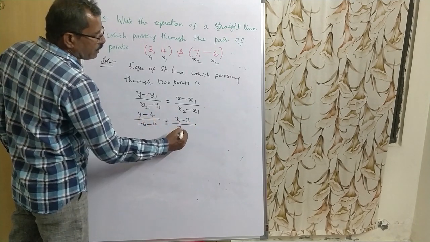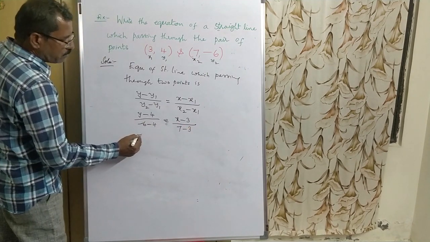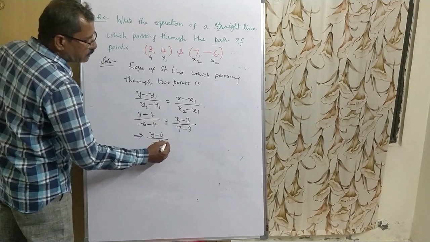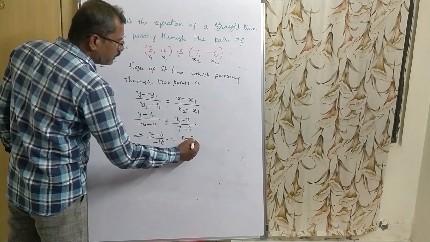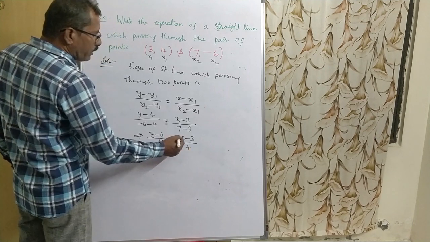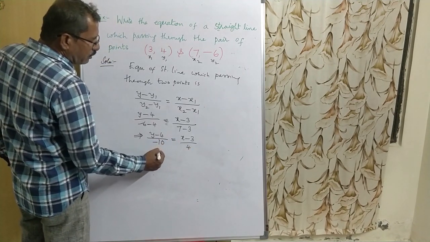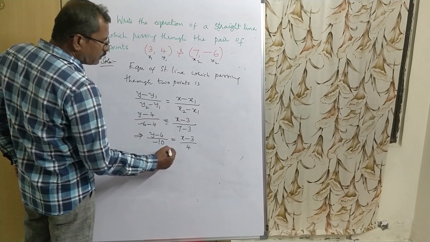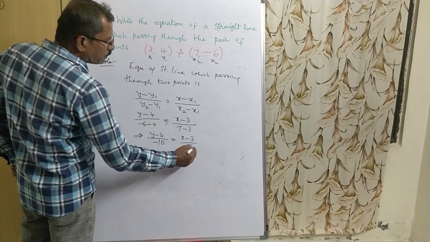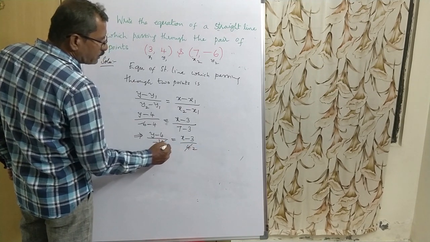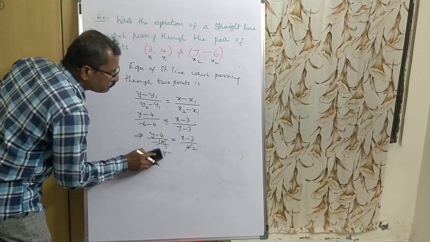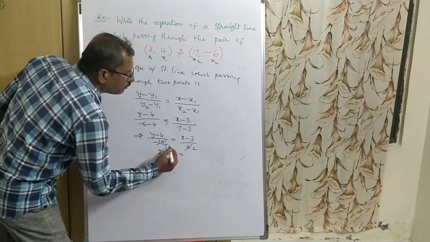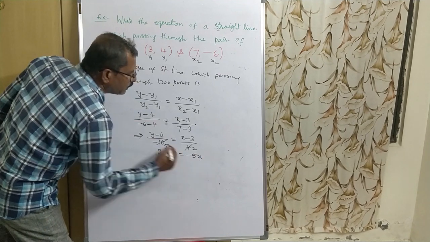This gives us (y minus 4) by minus 10 is equal to (x minus 3) by 4. Now by cross multiplication you get 4y minus 16, or you can cut this by 2, 2 fives are 10... it becomes 2y minus 8 is equal to minus 5x, this minus into minus, plus 5 threes are 15.